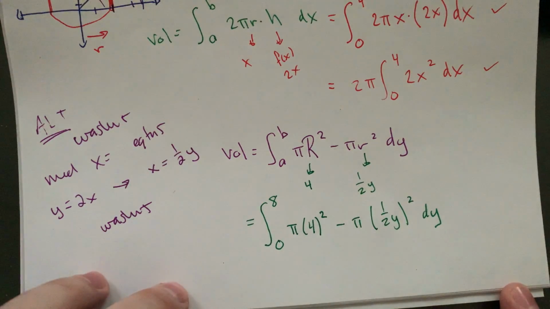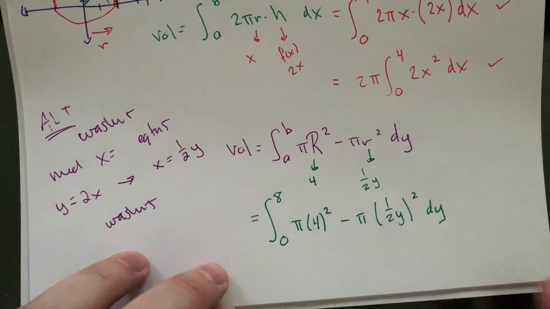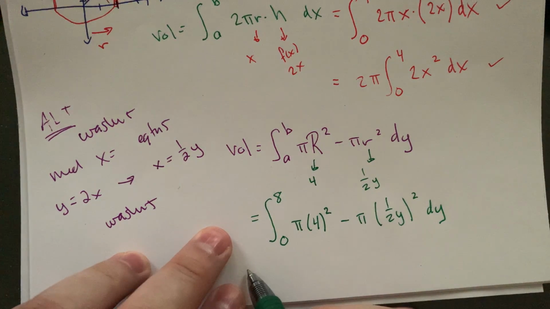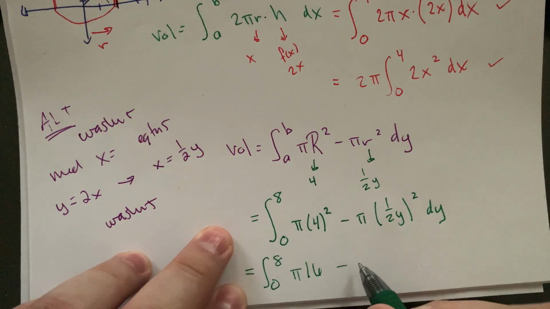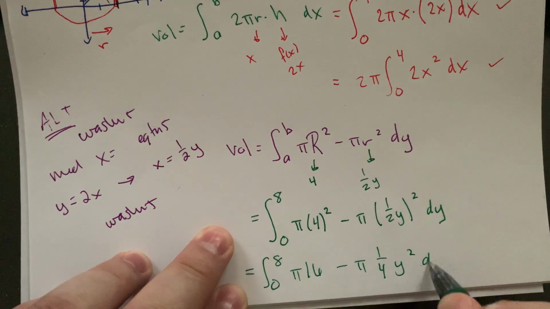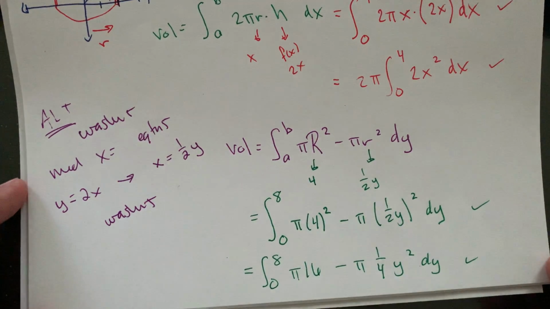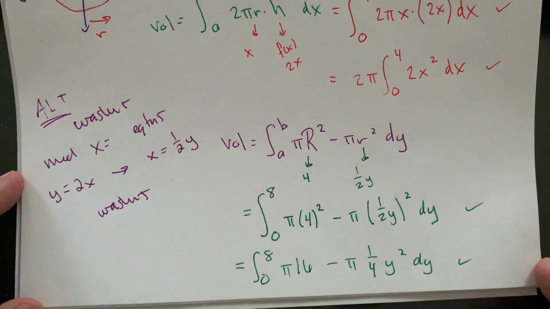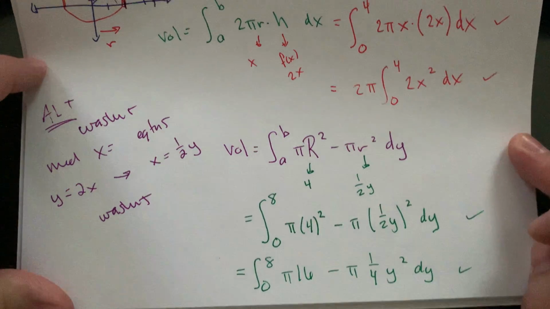So that would be the setup to get the volume using a washers style integral. 0 to 8 of pi times 16 minus pi times 1/4 y squared dy. Again, either of those two setups works. Either of those is fine. But that's the idea. So in theory, whichever version you prefer.